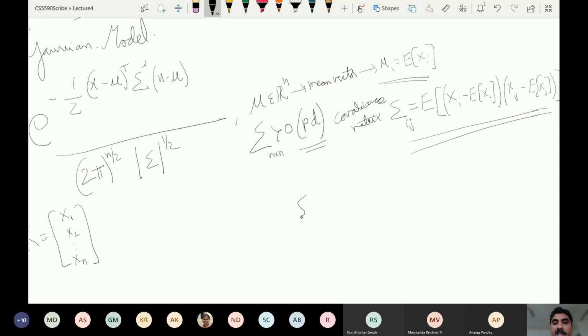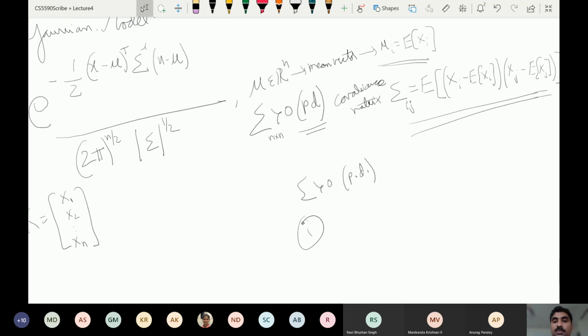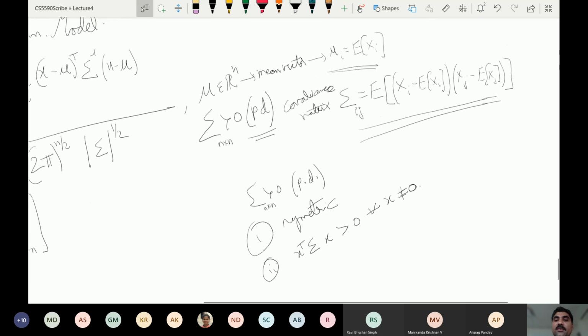Here is the definition. A matrix sigma is positive definite if it satisfies two properties. First, it is a symmetric matrix, and secondly, take any vector of appropriate dimensions and compute this number. This number should be greater than 0 for all x not equal to 0. If this happens, then you call the matrix positive definite.